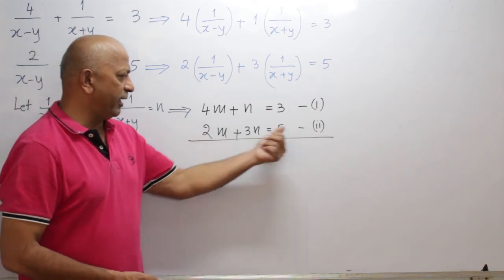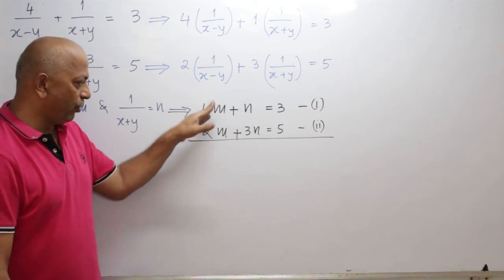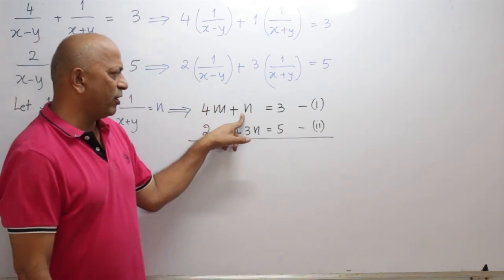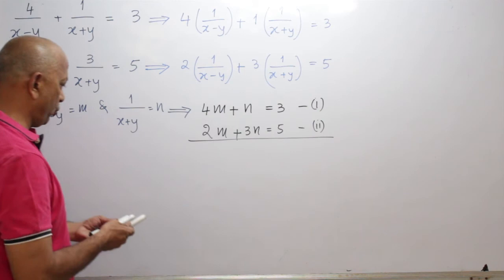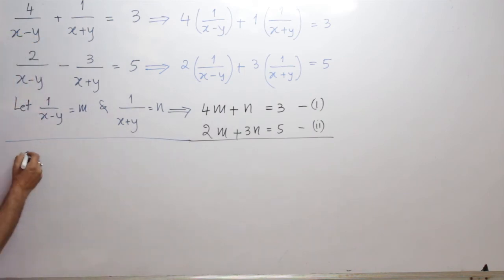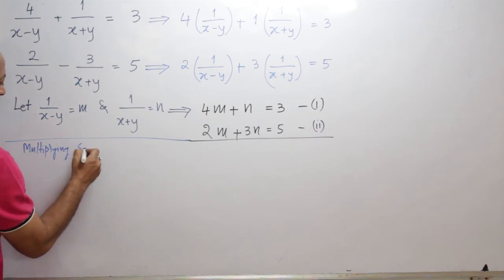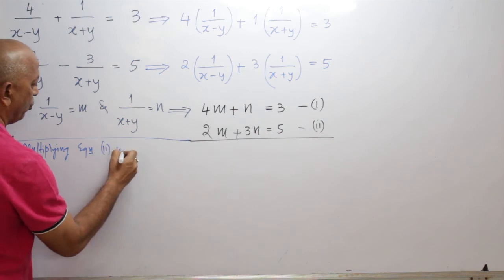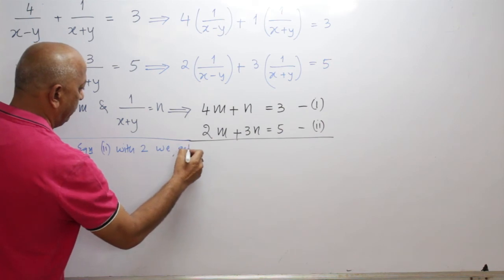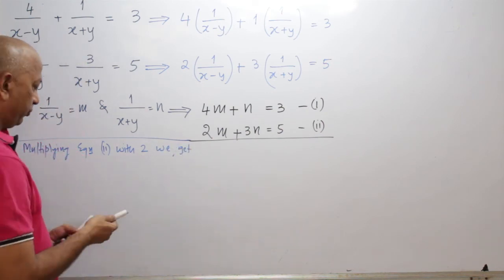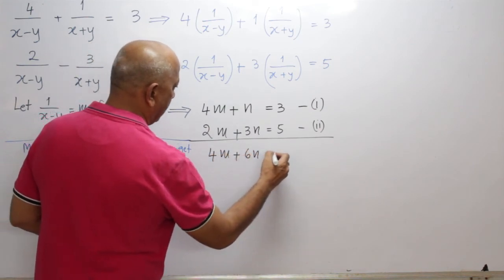Either I can multiply the second equation by 2, so multiplying by 2 gives 4m and I can cancel, or I can multiply the first equation by 3 so I can cancel 3n. You can do it whichever way you find suitable. So multiplying equation 2 by 2, we get 4m plus 6n is equal to 10.